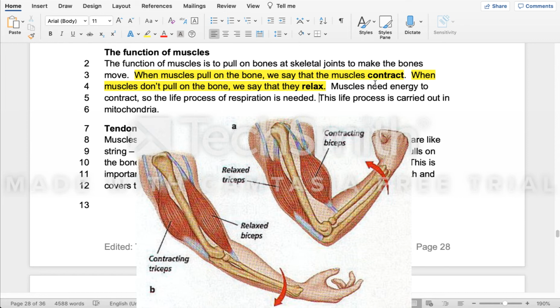So you need to be sure that you recognize these words and what they mean. And when we say that they relax, in muscle terms, the relaxation is when the muscles get longer. So they don't shrink as much, and quite the opposite, they actually get larger, they stretch out almost.